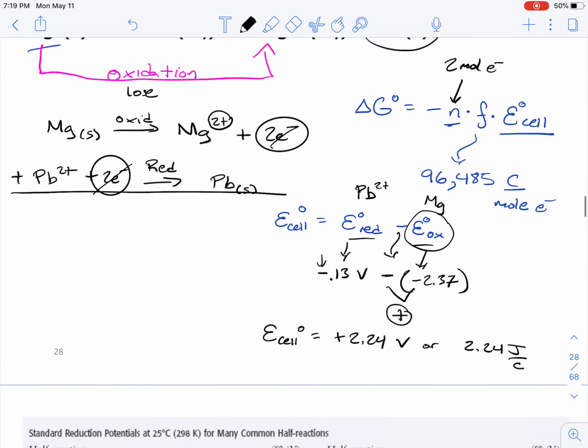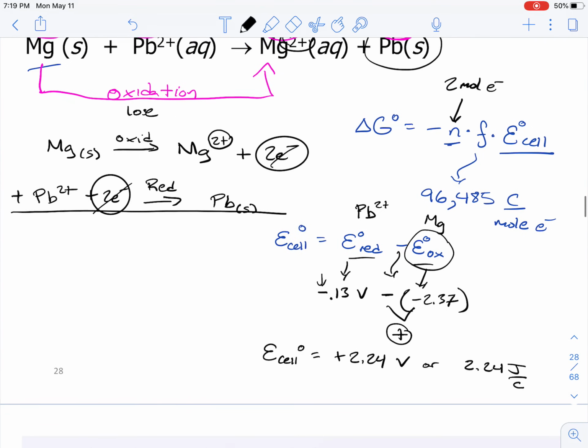All right, so now that I have all of my pieces, I'm just going to go ahead and calculate delta G naught. And so this is going to be negative 2 moles of electron times Faraday's constant, 96,485 coulombs per mole of electron.